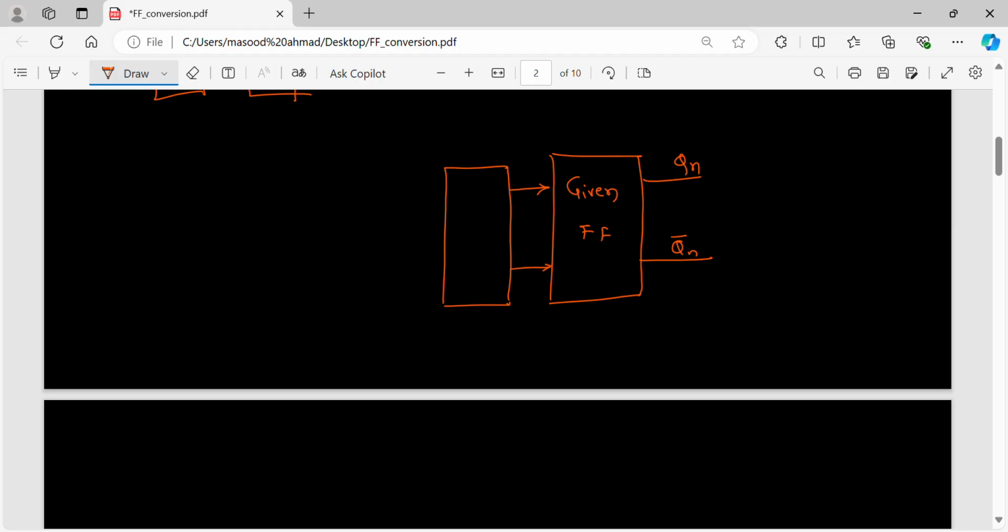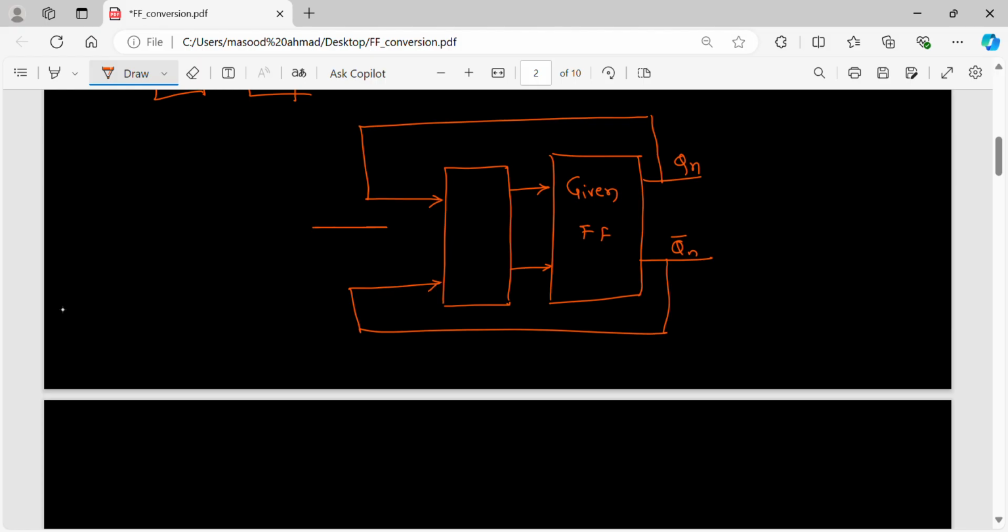There will be inputs based on this feedback. I can use both Qn and Qn bar and the flip flop inputs. So these are the flip flop inputs.